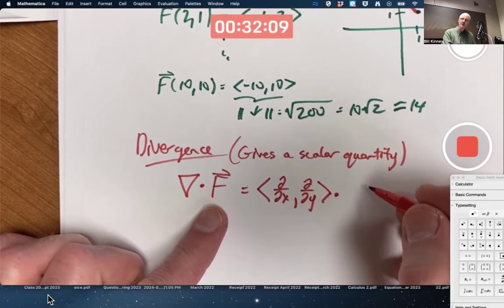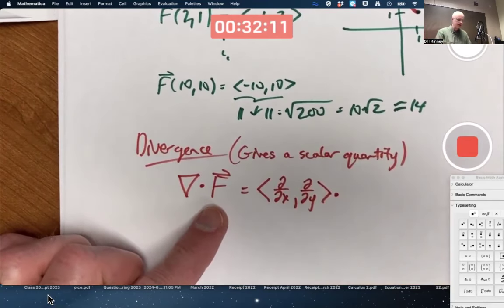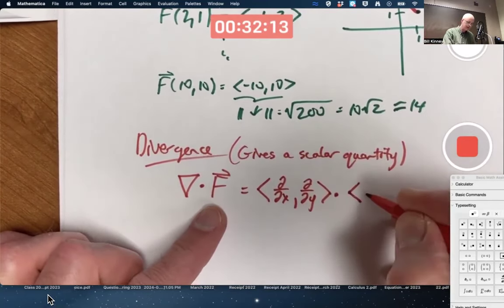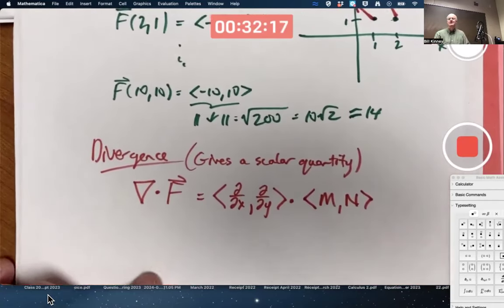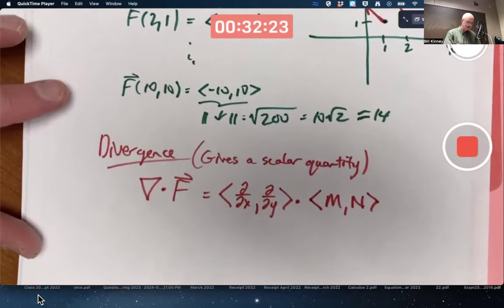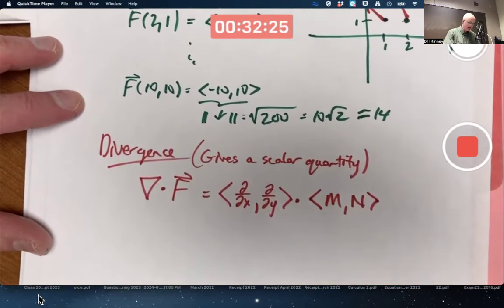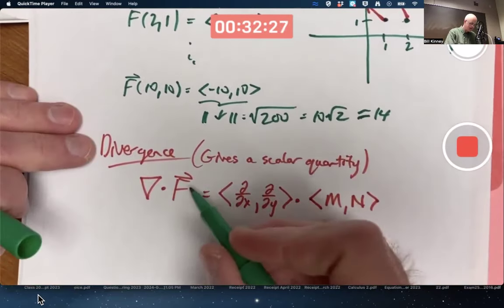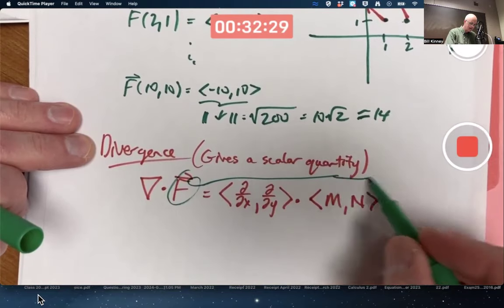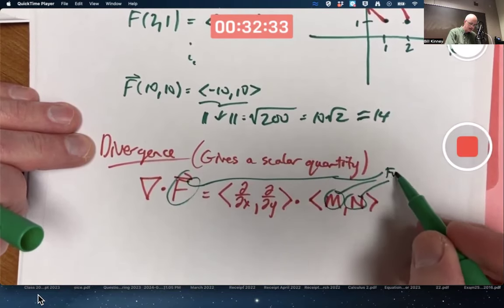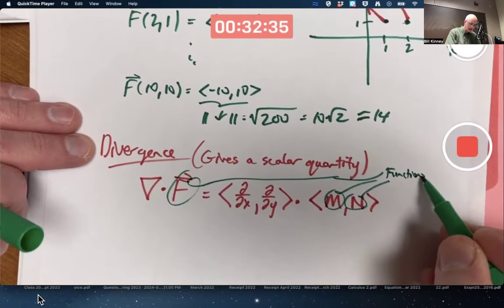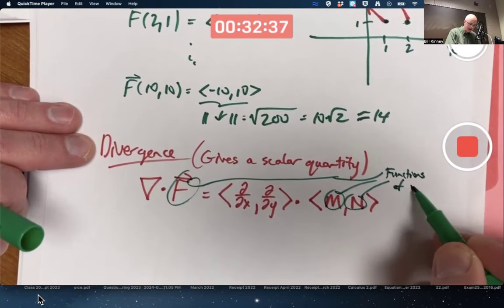And the standard notation, it's a little weird, but the standard notation for this is to call the first component M and the second component N. M and N are functions. So is F. These things are functions of x and y.